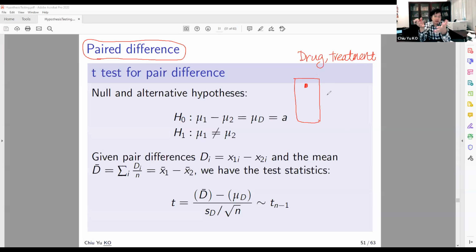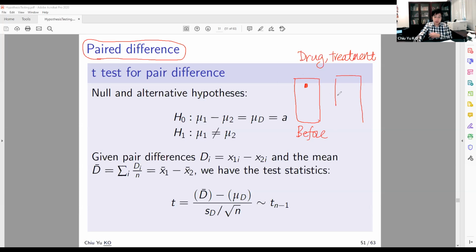Suppose you want whitening, then you check after 3 months whether it is whiter or not. Or you use sun cream, to see if it protects you from the sunshine. This is usually the before.